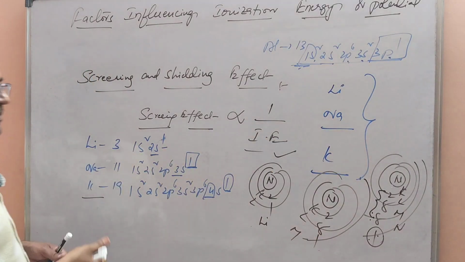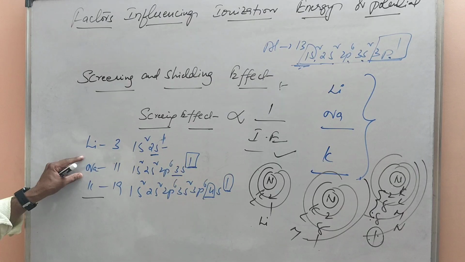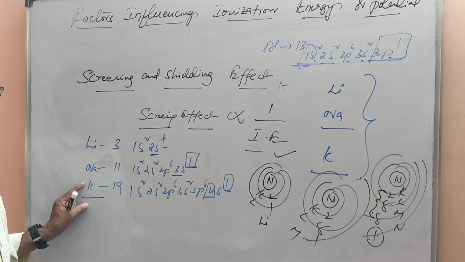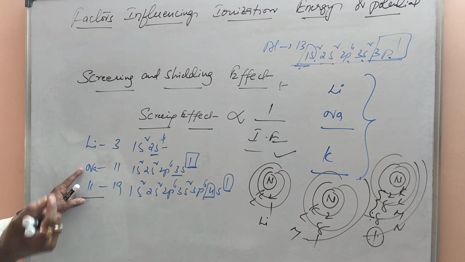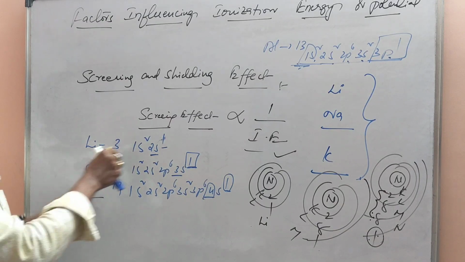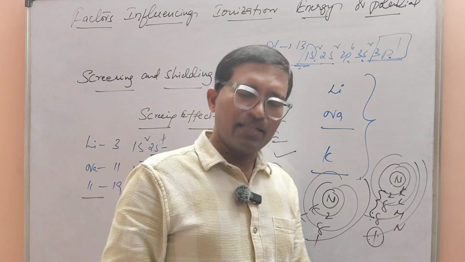Among these 3 elements, lithium has more ionization energy than sodium. Sodium has more ionization energy than potassium. Among all these 3, the least is potassium. Next, a bit more is sodium, and a bit more is lithium. Understood? As the screening or shielding effect increases, ionization energy decreases.